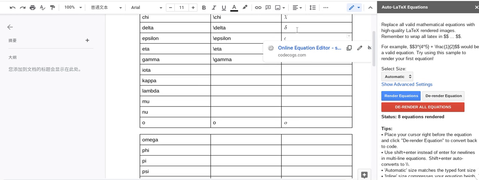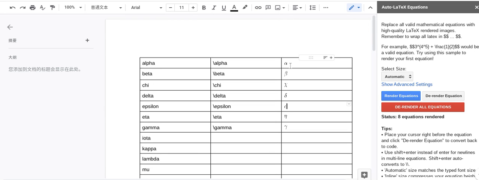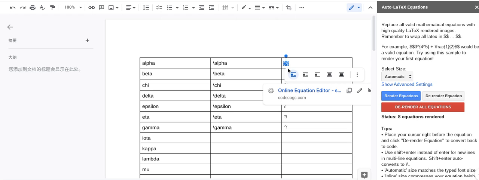Okay, so basically you can see those are the different formulas, and I'm again going to magnify them so that the audience can see it very clearly.